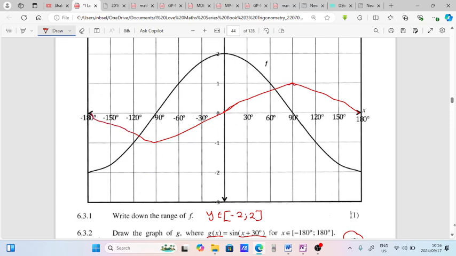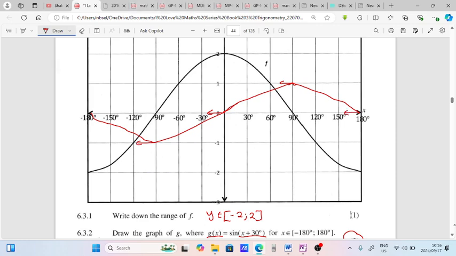When you shift it to the left by 30, this point must shift there by 30, this one must shift there by 30, and this other one must also shift by 30 units.